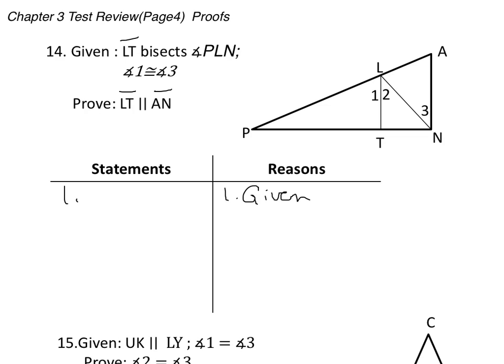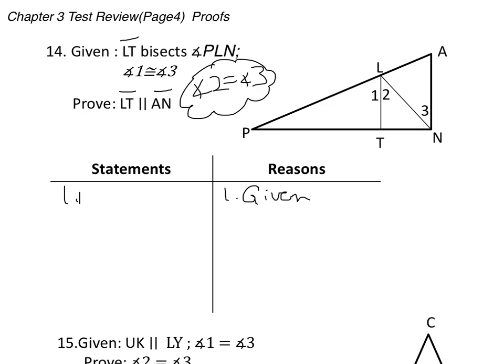Those are just three of the ways. So looking at what's given, we want to prove that LT is parallel to AN. Again, I want to make a plan, so I'm going to make my little thinking cloud. If I can show that angle 2 is equal to angle 3, that will prove that my lines are parallel because 2 and 3 are alternate interior angles formed by those lines LT and AN.